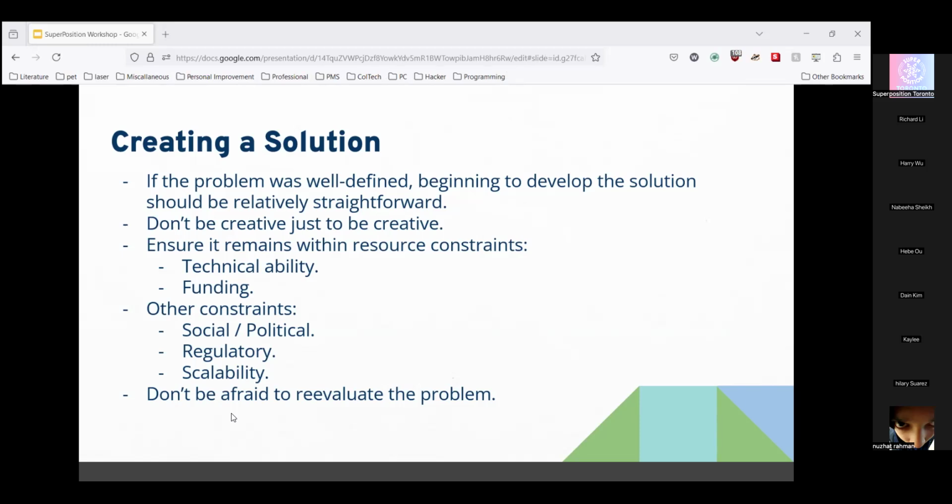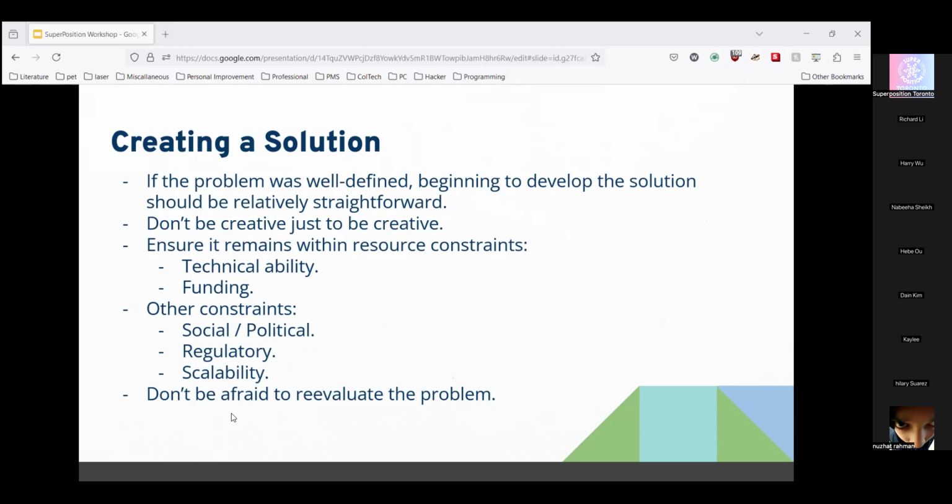This is the part where you have a finished product, which is something that you could actually use. If the problem was well defined, it should be fairly straightforward to begin developing the solution. I don't know what that would look like, because it would be specific to your problem.